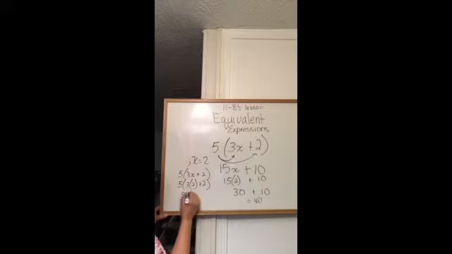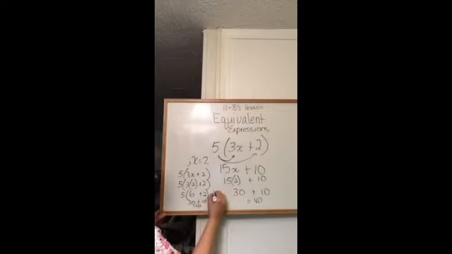Now you've got 5 times 6 plus 2. Well, what is 5 times 6? It's 30. What is 5 times 2? It's 10. What is that? 40.